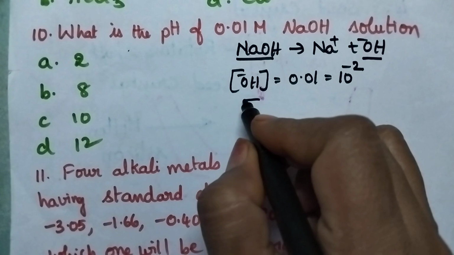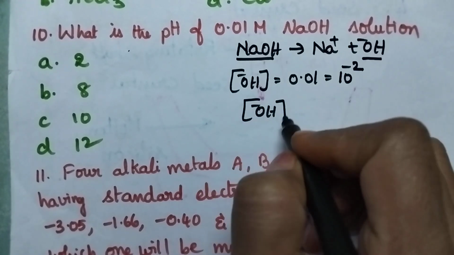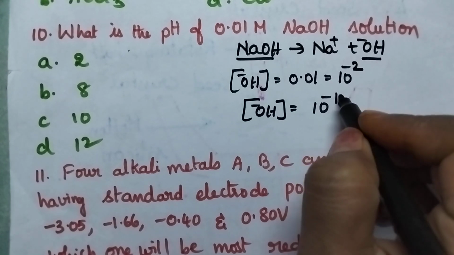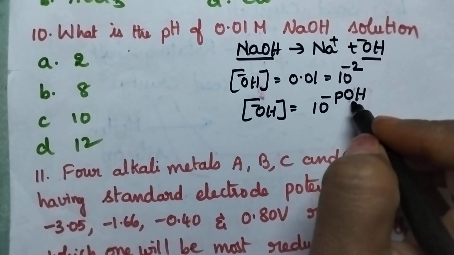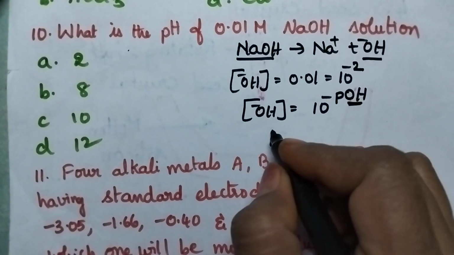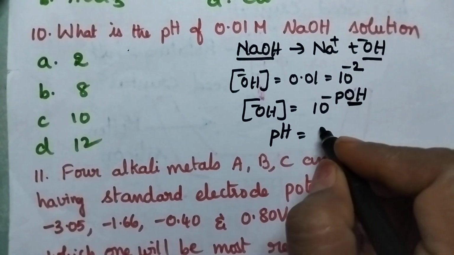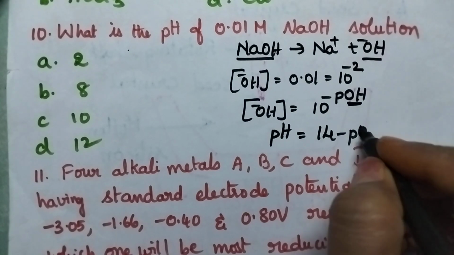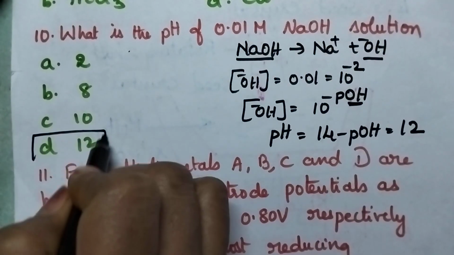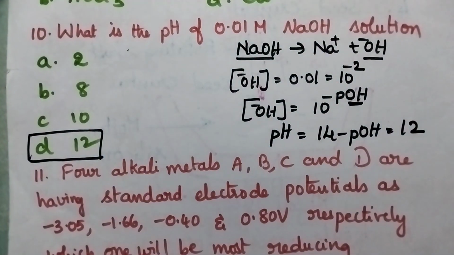So pOH is equal to 2. That means pH is equal to 14 minus pOH, and hence it is equal to 12. So option D, 12, is the right answer.